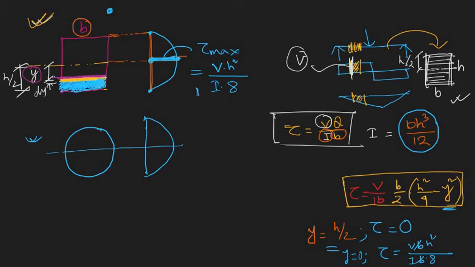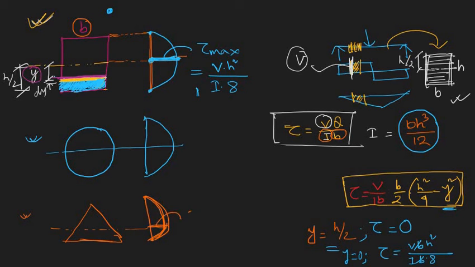Or if you consider a triangular section like this, which has a neutral axis somewhere here, here also the distribution looks like this, the maximum of course here at the neutral axis.